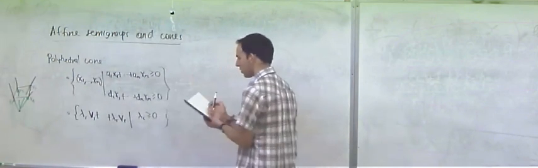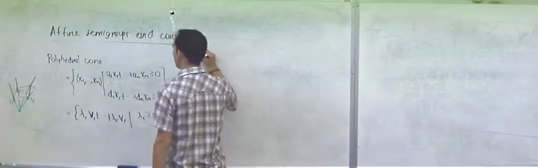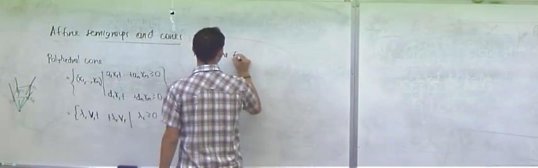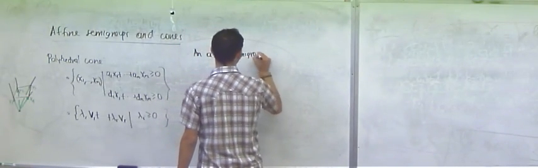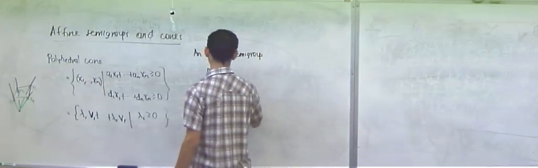And the point of today's class is that affine semigroups and cones are closely related, for a reason that maybe you can already tell. An affine semigroup looks like something like this.